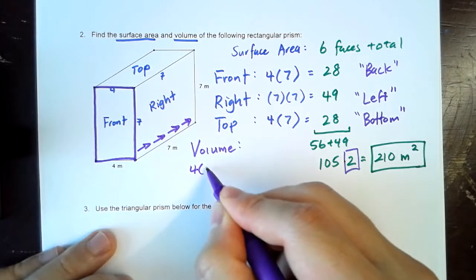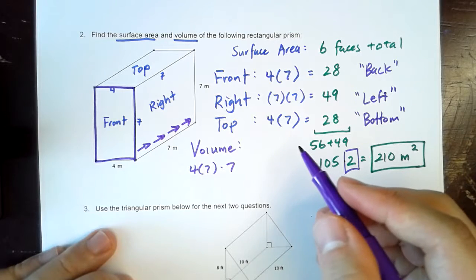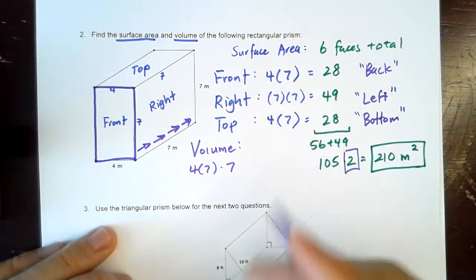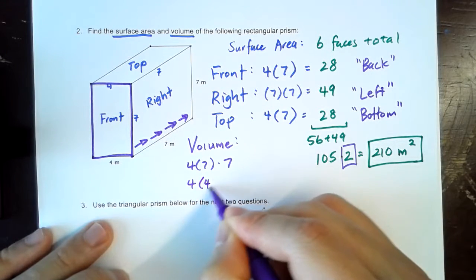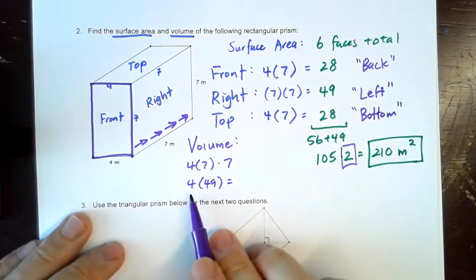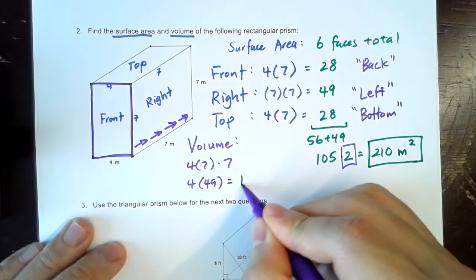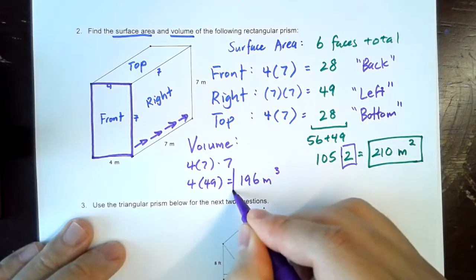So it's really 4 times 7 times 7. You can always manipulate which numbers you multiply first. We know that this is 4 times 49, and I know that 4 times 49 is like 4 times 50 minus 4. So it's really 196, and it's meters cubed.